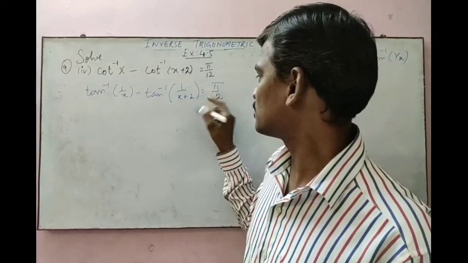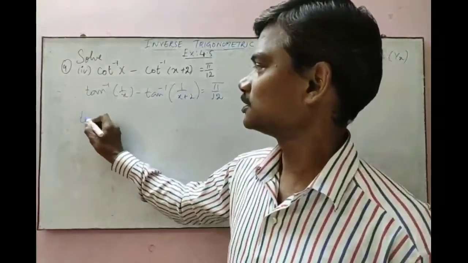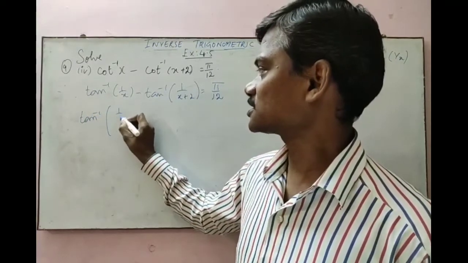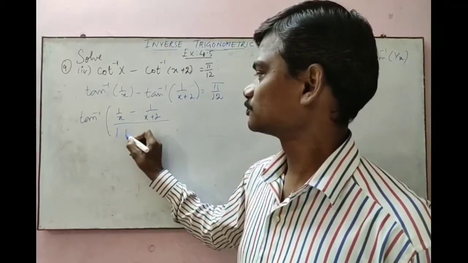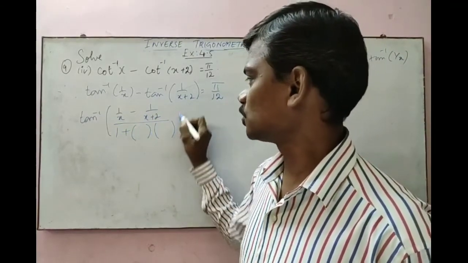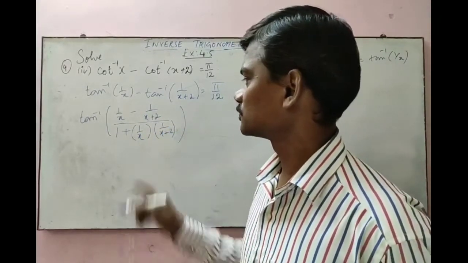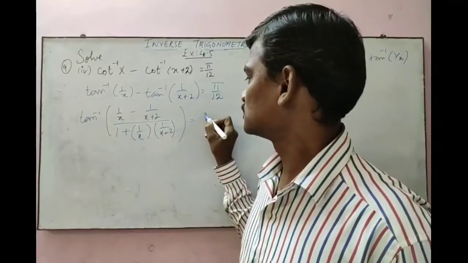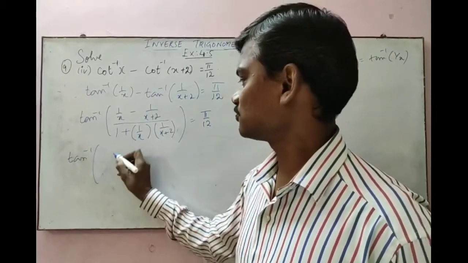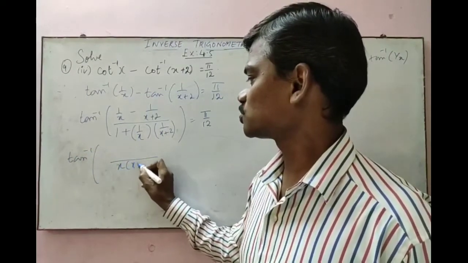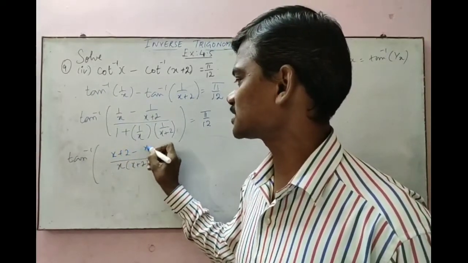Now this is in the form of tan inverse of x minus tan inverse of y. Use the formula here: tan inverse of (x minus y) by (1 plus x into y). What is x here? 1 by x. y is 1 by (x plus 2). If you take the LCM of these two denominators, x into (x plus 2) is the LCM. If you cross multiply, you will get (x plus 2 minus x).